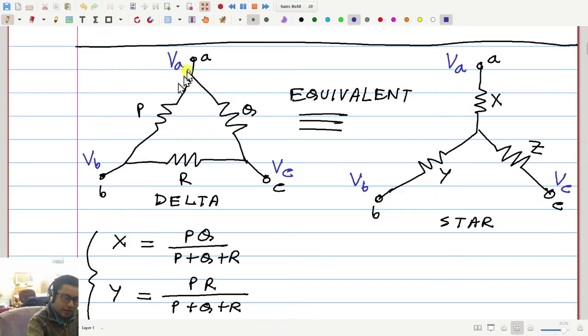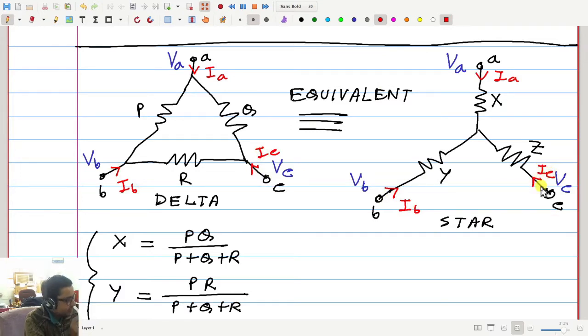Then whatever currents are flowing here, suppose here the current is IA, then here also the current will be IA. If the current here is IB, here also the current will be IB. If the current here is IC, the current here will also be IC.